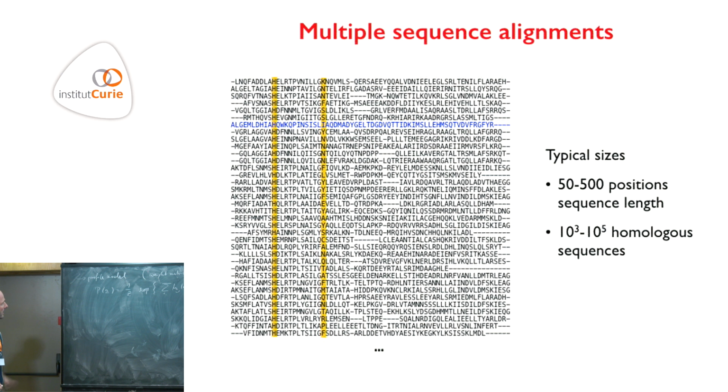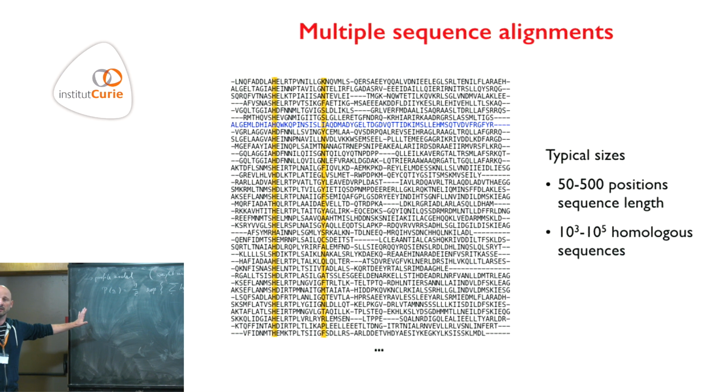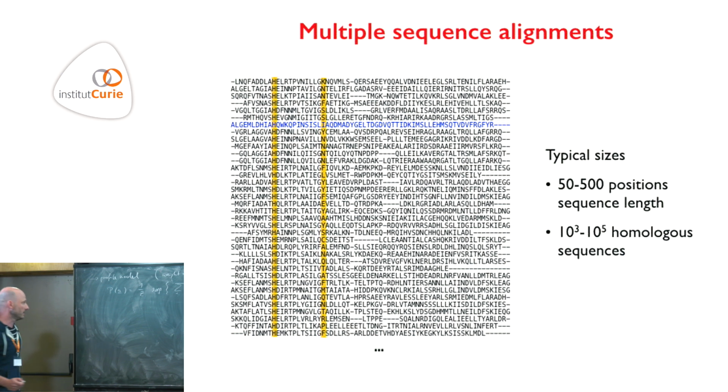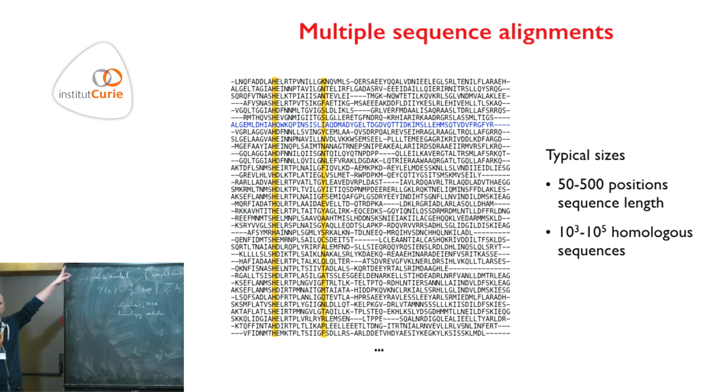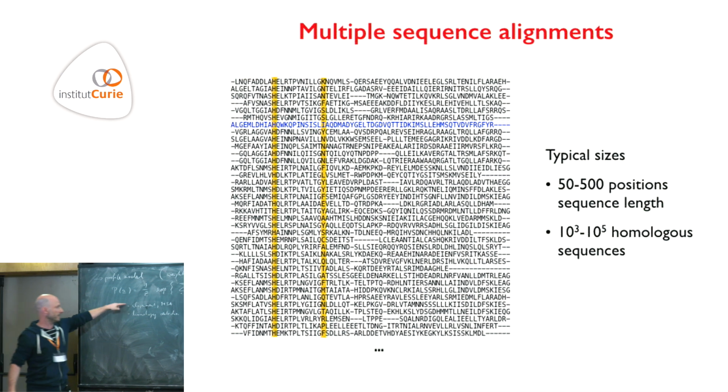This modeling framework with profile models is one of the most successful modeling frameworks in bioinformatics, because it is at the basis for multiple sequence alignment. It's at the basis for homology detection. And I told you that the proteins in my alignment are homologous proteins. So the construction of this alignment in both cases uses this kind of modeling framework.